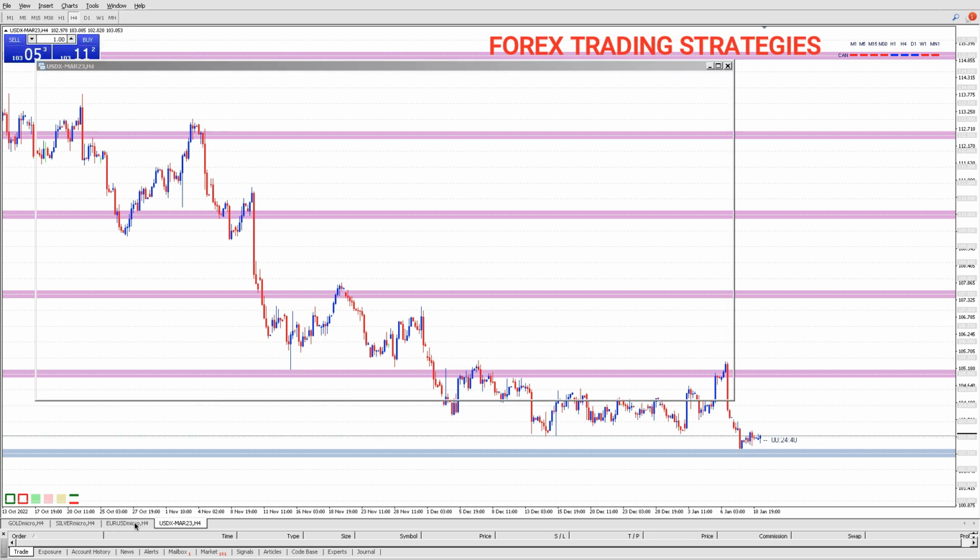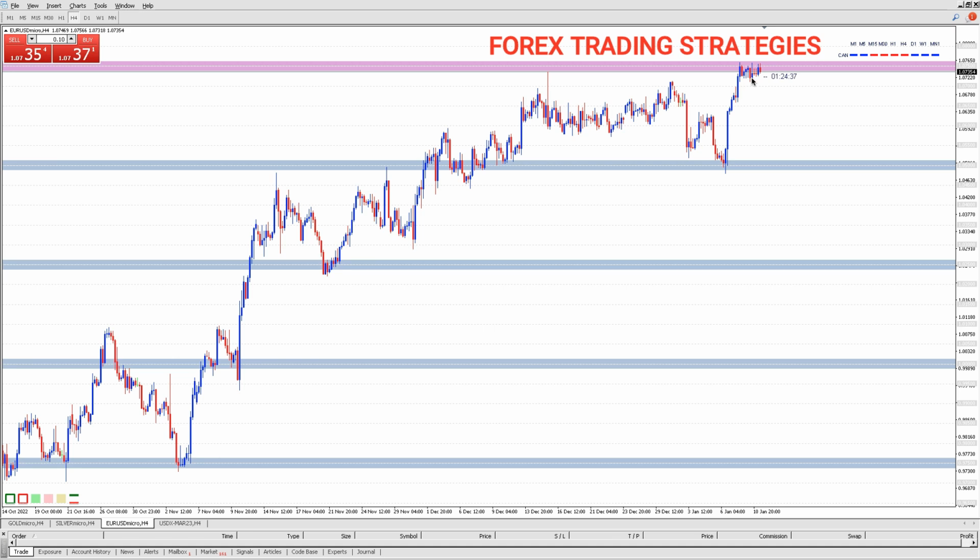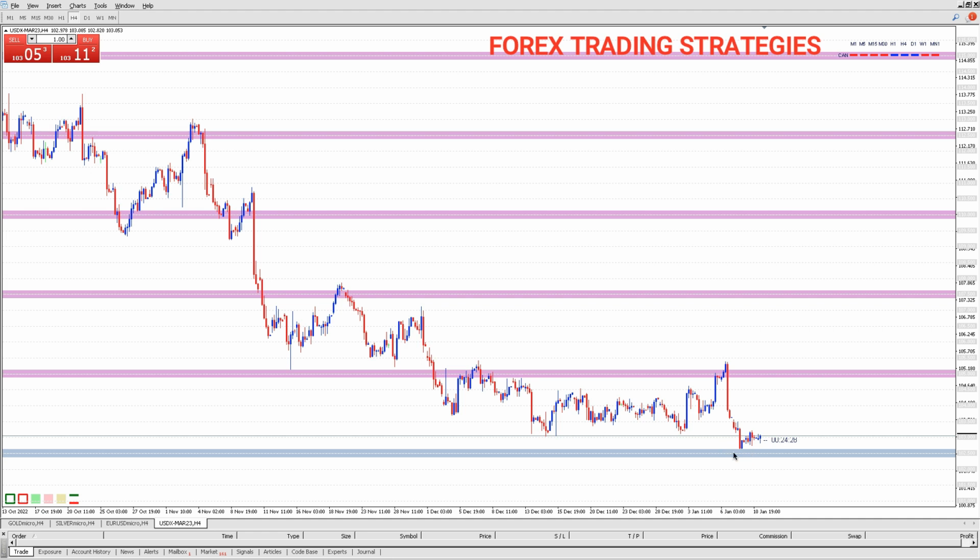Let's just go to Euro USD. Watch. Is it magic? Watch. See what's happening on Euro USD here. See what's happening on the dollar index. So if you have no idea of trading for the day, or you have no idea of what to trade, trust me, do yourself a favor and wake up in the morning, put the dollar index on your chart and put Euro USD on your chart.